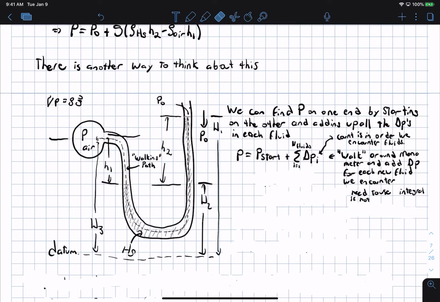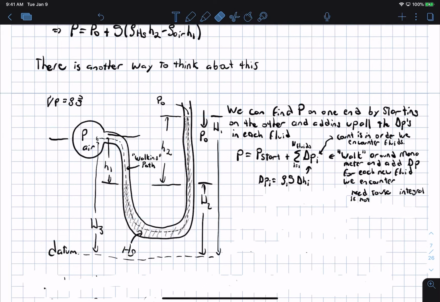It's a sum over an arbitrary number of fluids, and we just count the fluids in the order that we encounter them. Okay, and I'll show you by way of example in a few minutes.